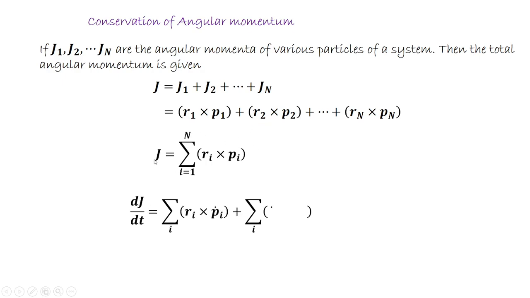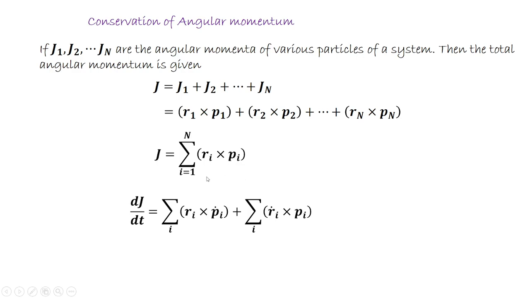Now I'm going to differentiate this equation with respect to t. If you apply d/dt here, then apply the u-v form. First, keep this one constant and take the derivative here, where I'm using dot to mean d by dt, plus keep p constant and take the derivative of r, where r dot means derivative.